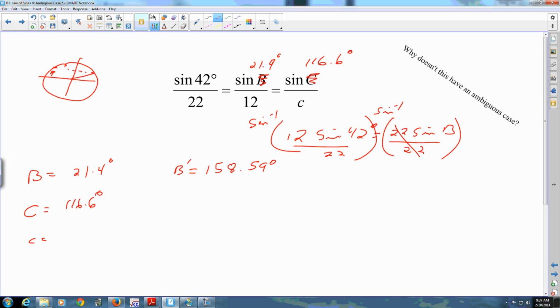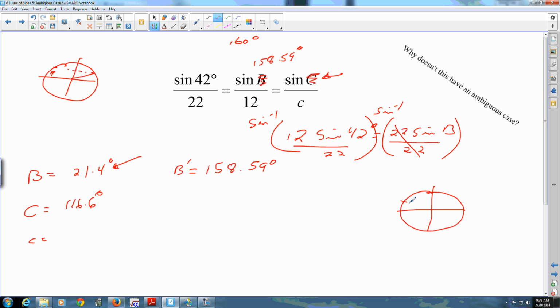Where it becomes an issue is if it's instead the 158.59 degrees. There's no room to find angle C. Meaning, just to do these numbers in your head, that's about 160 degrees, and that's 42 degrees. Those two added up exceed 180 degrees. There's no room for angle C. This occurred because the very first angle you found is smaller than the angle you know.